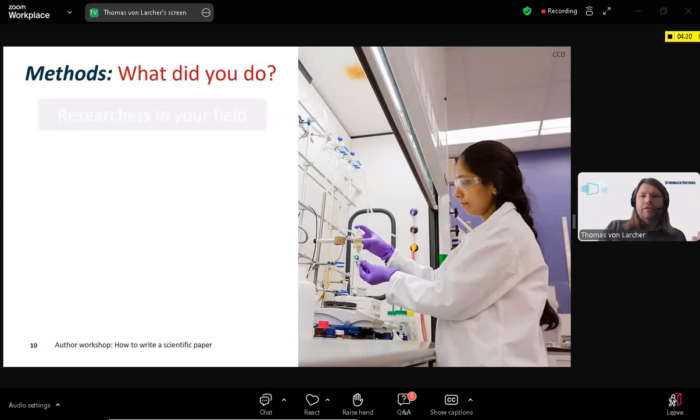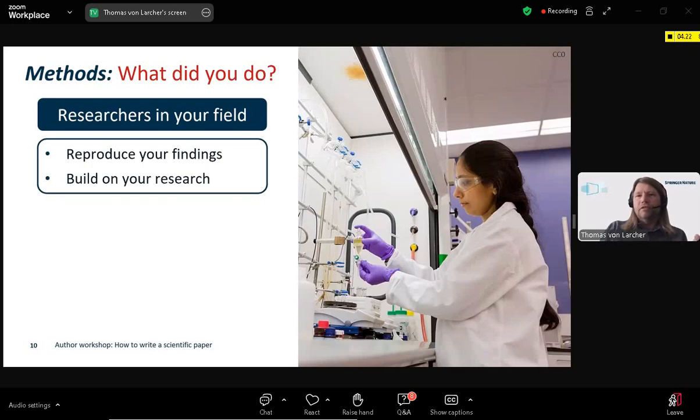Because researchers and readers in your field may want to reproduce and replicate your findings, right? And because of this, you should create confidence in your methodology. So help readers to believe, to trust your findings, which they would like to build upon then, right?